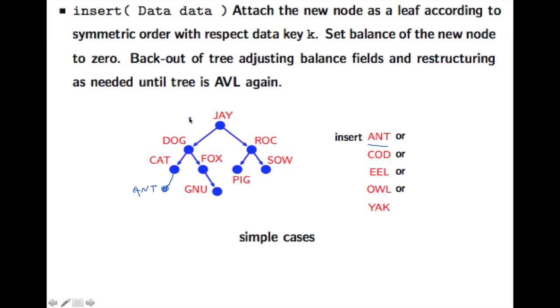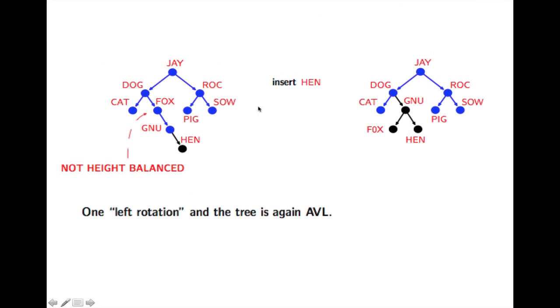Let's see a case where rotation is needed. Suppose we're inserting hen, so we go down this path and we add hen here. Now that we have hen here, the depths are 0, 1, 2, and so the difference right here is 2.